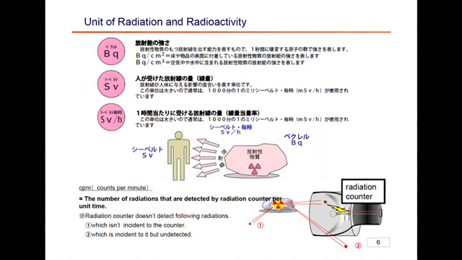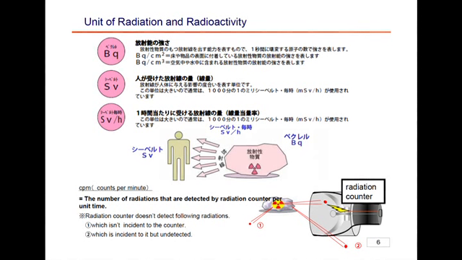We have so far explained that counts per minute, that is the unit that measures radiation, and sieverts are hard to exchange with each other. But basically, counts per minute means the amount of radiation that comes in a detector per the unit time. With respect to the lower right picture, not all the radiation that is emitted from the radioactive materials is counted by a detector.